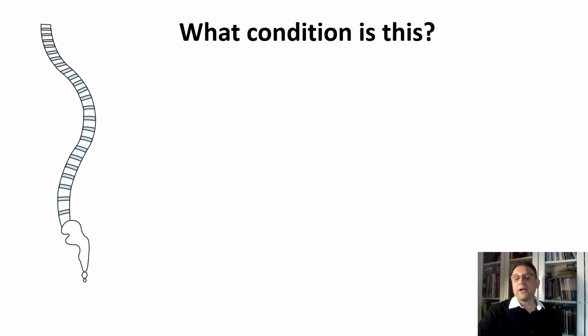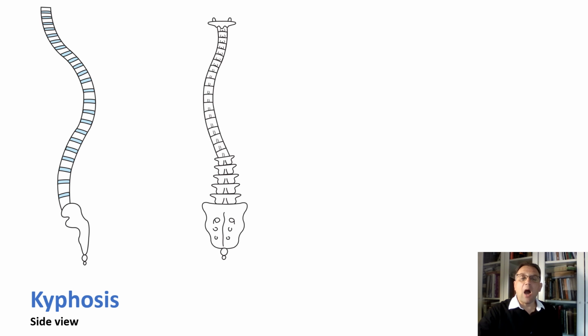Now let's check if you were able to follow me. What you see here as a diagram is a side view of a backbone. So what condition is this? Kyphosis. How about this condition? What you see is the back view of the backbone or vertebra.